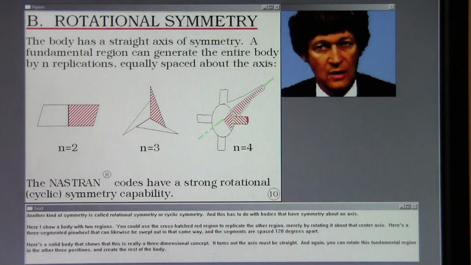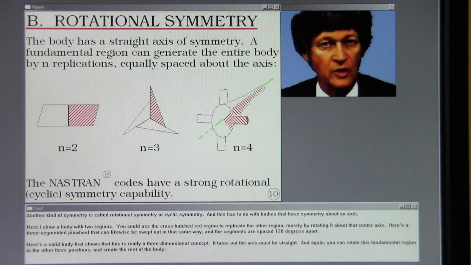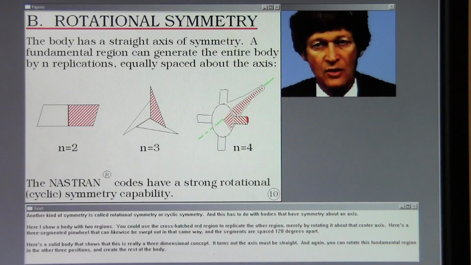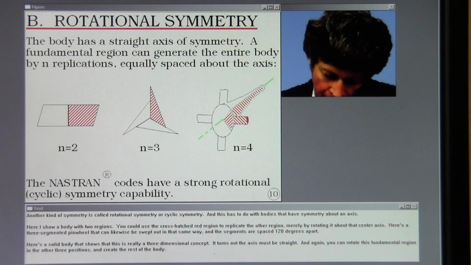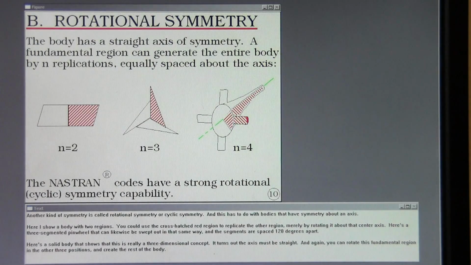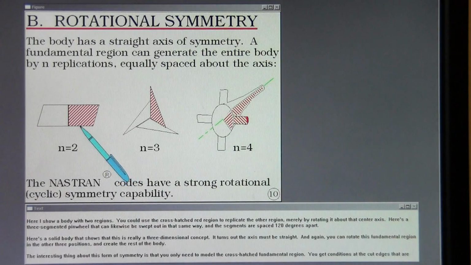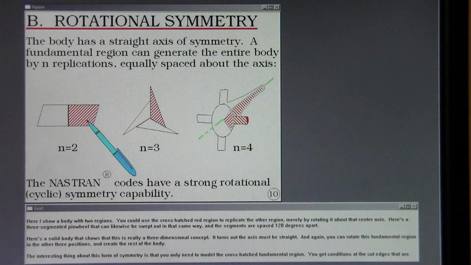Another kind of symmetry is called rotational symmetry or cyclic symmetry, and this has to do with bodies that have symmetry about an axis. Here I show a body with two regions. You could use the cross-hatched red region to replicate the other region, merely by rotating it about that center axis.